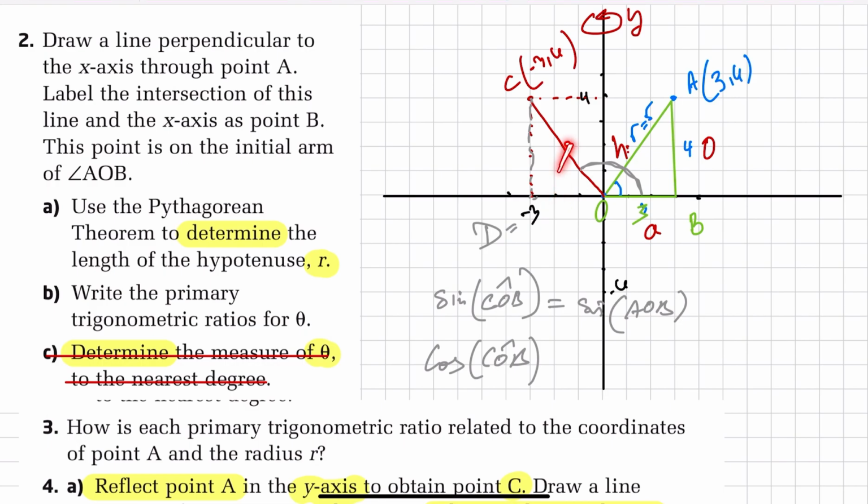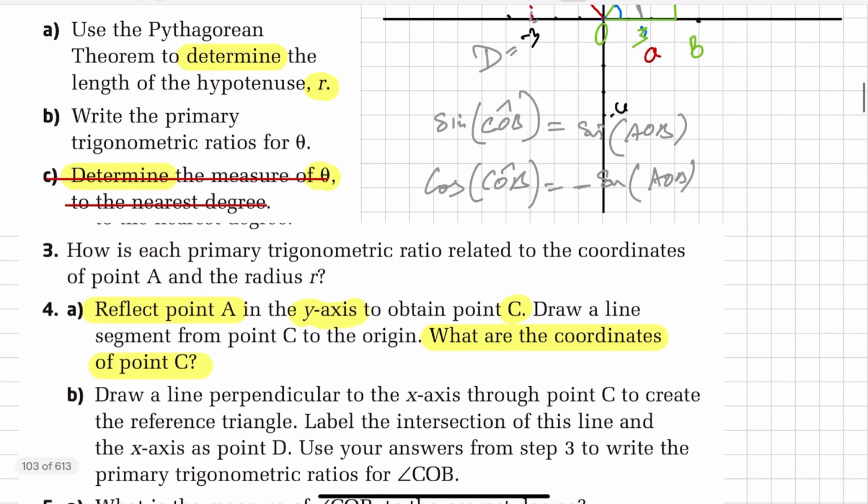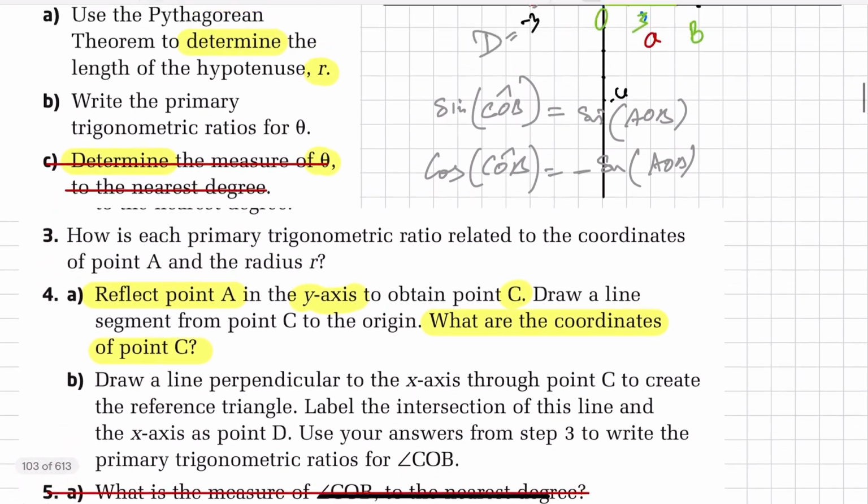So because they have the same r and the reflection of B and D, we can say that the cos of COB is equal to minus the cos of AOB. Okay, draw a line perpendicular to x-axis. We just did that. Perfect.